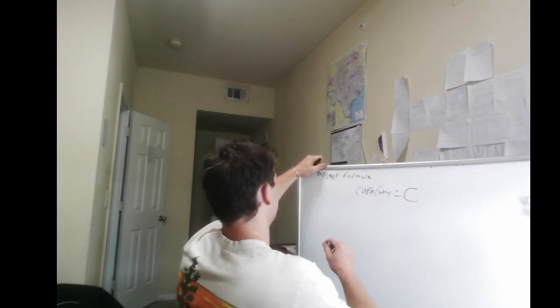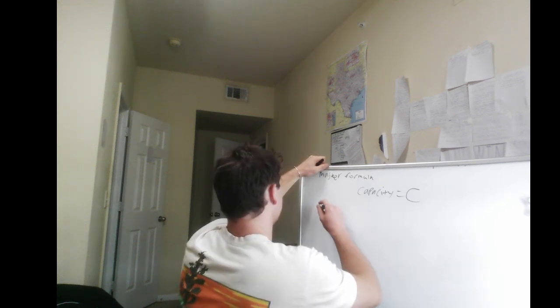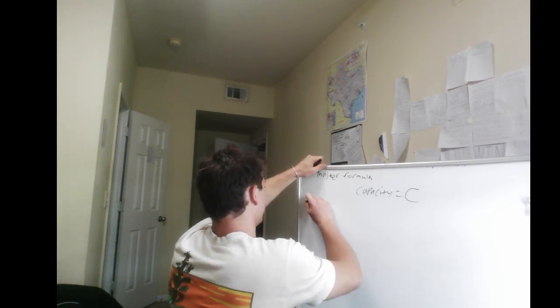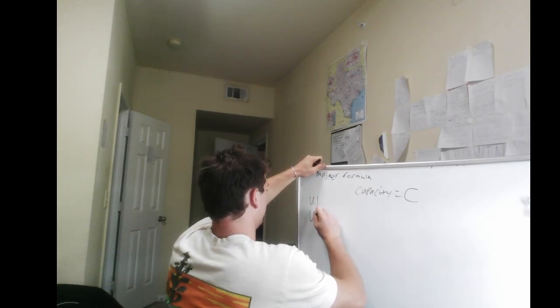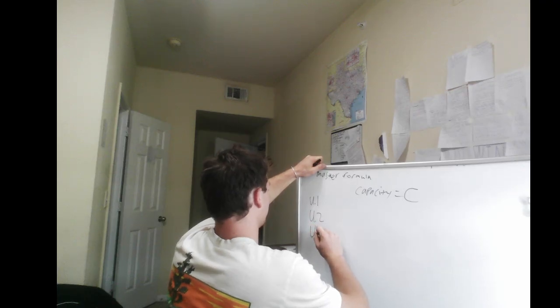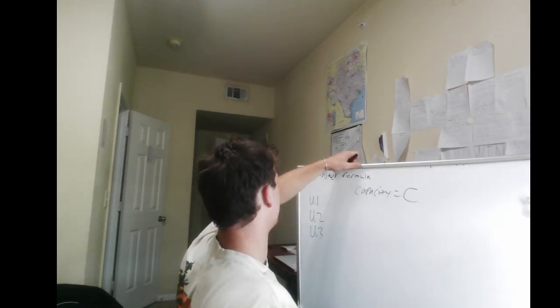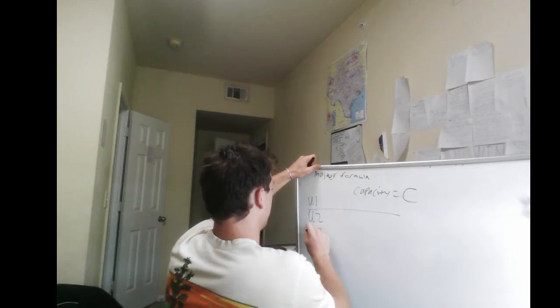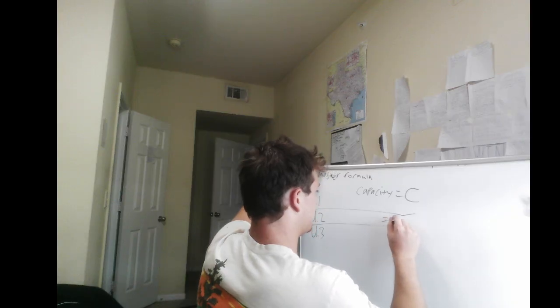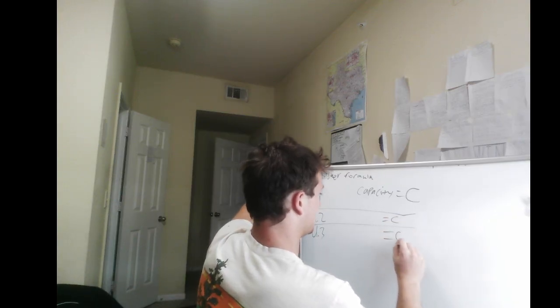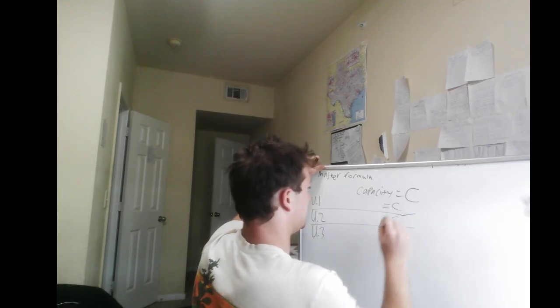Capacity equals C. Now let's say these different utilities, utility 1, let's abbreviate this U1, U2, U3. Let's assume each one of these has a separate formula for finding capacity. Equals C, equals C, equals C.